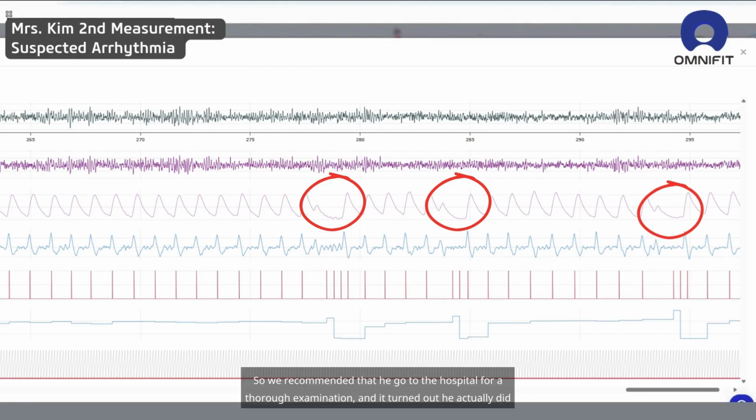So we recommended that he go to the hospital for a thorough examination, and it turned out he actually did have arrhythmia when he got checked at the hospital. So, one of the biggest advantages of OmniFit is that it can analyze our biorhythms, things we might not even notice in our daily lives, using such accurate data.